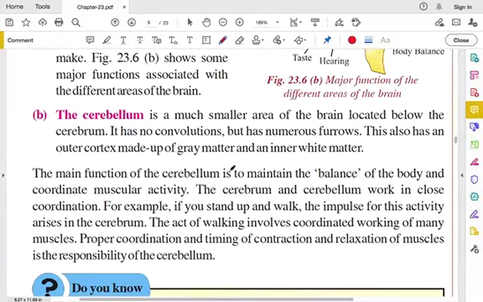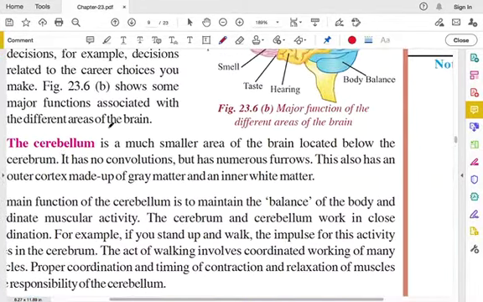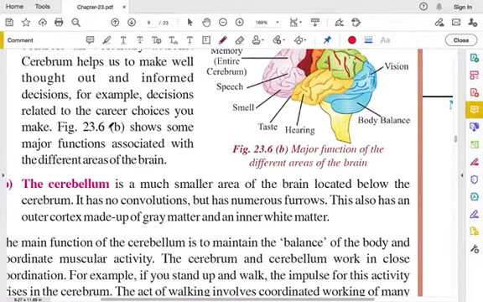The next main part of the brain is the cerebellum. It is a much smaller area of the brain located below the cerebrum, and it has no convolutions. Here you can see the cerebellum. These are the convolutions in the cerebrum, the thread-like things.